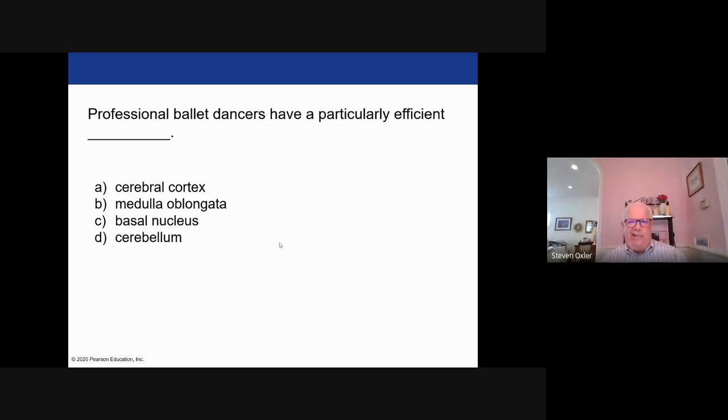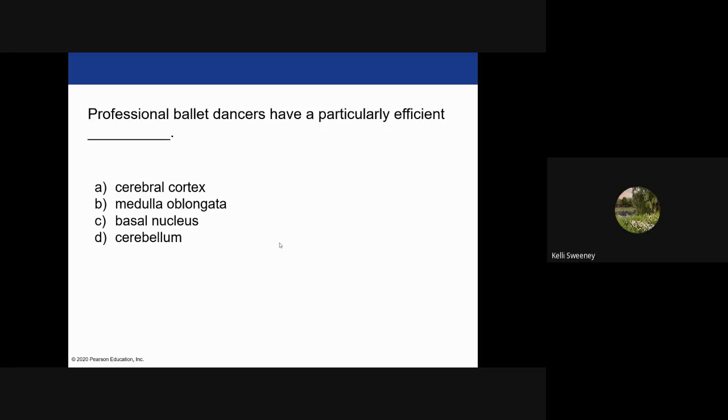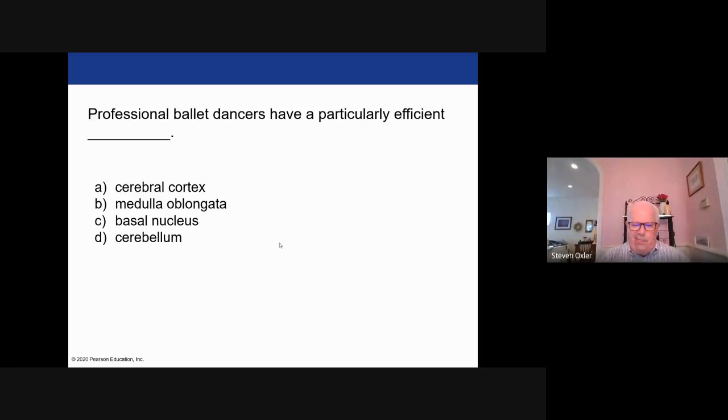Professional ballet dancers have a particular efficient blank. What they're asking you here is, what part of the brain controls balance? D. D, cerebellum. It's very difficult to stand on your toes as a ballet dancer, okay?